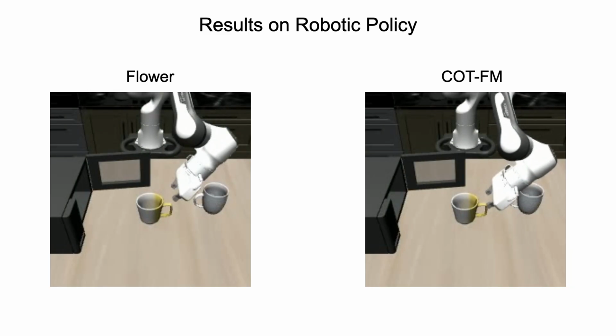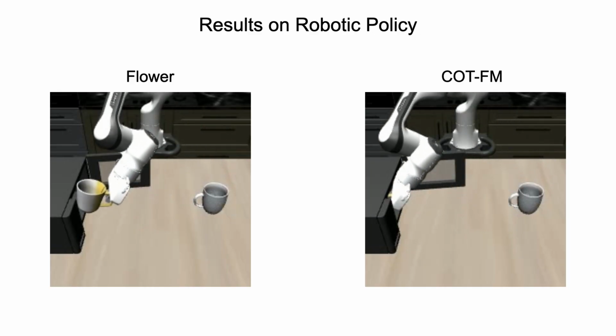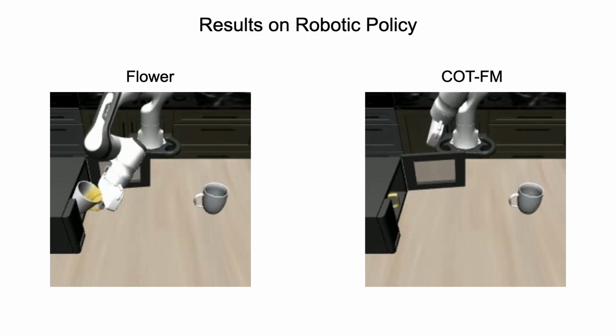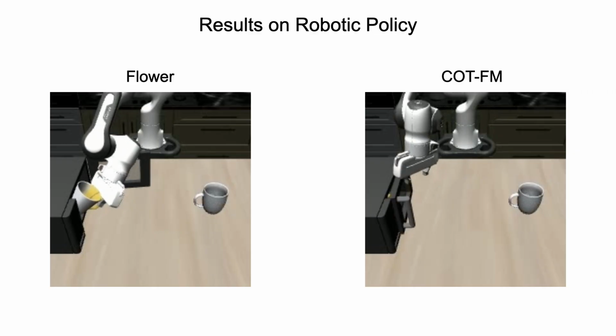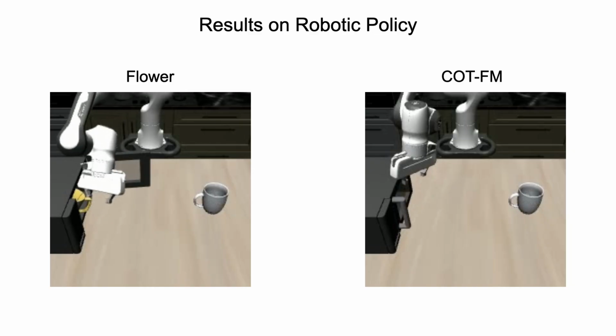As you can see in the video, COT-FM completes the task while FLOWER fails. This shows the benefit of straighter flows isn't limited to image generation. It transfers to policy learning, where inference speed really matters for real-time control.